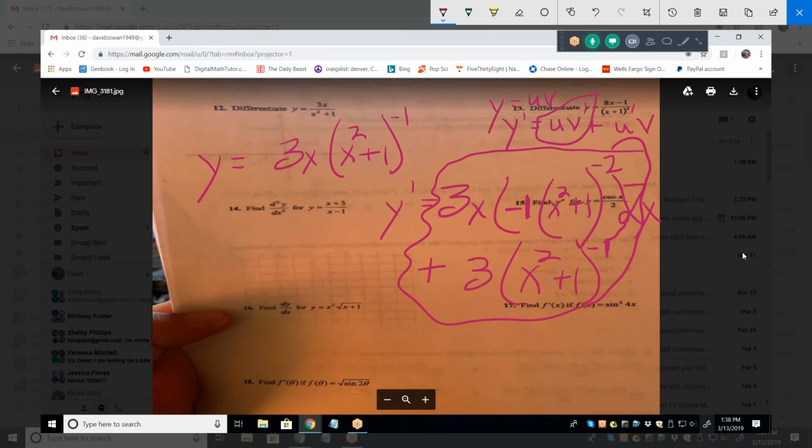And of course, there's some consolidation you can do to that answer. You multiply 2x times 3x to get 6x squared. Put that negative sign in front of all of it. So I think it comes out something like this: minus 6x squared all over x squared plus 1 squared.